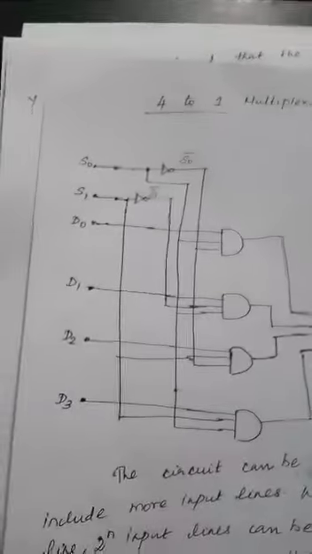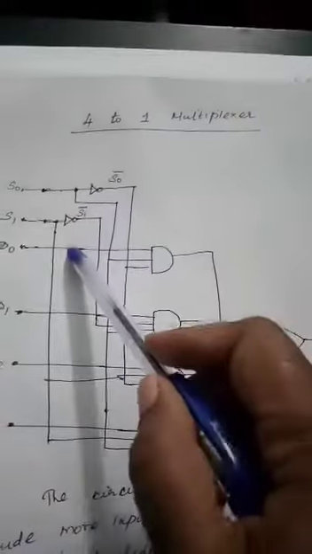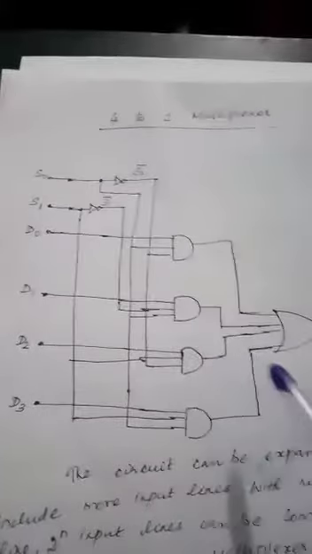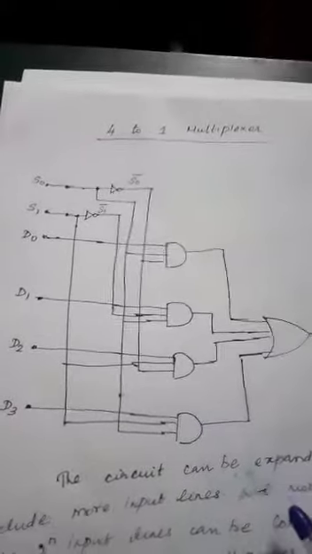So on behalf of this, we can draw one diagram for this, that is the 4-to-1 multiplexer. By using 2 inverters, 4 3-input AND gates and 1 4-input OR gate, we have drawn the 4-to-1 multiplexer.